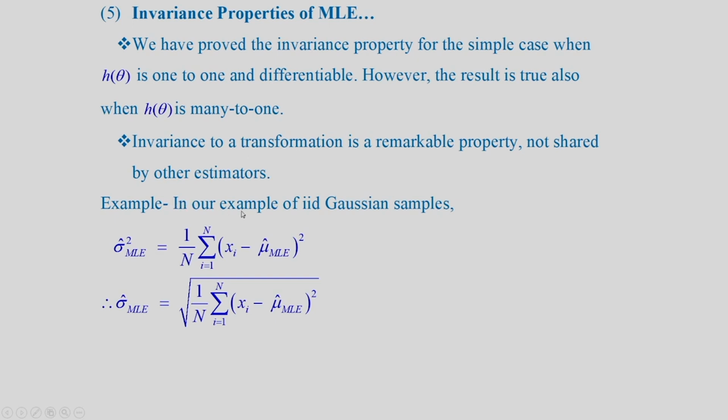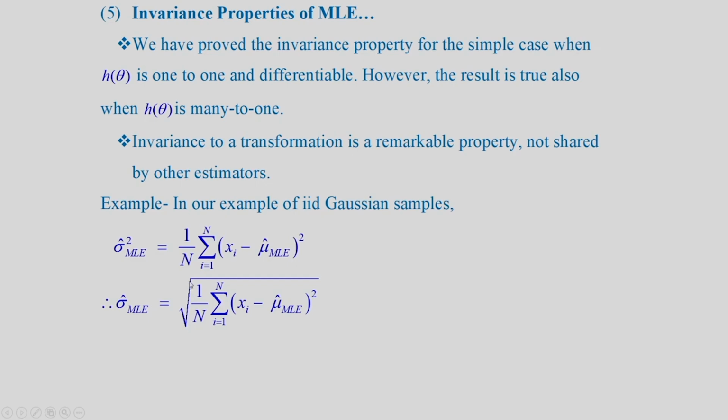Example: in our example of the IID Gaussian case, suppose sigma hat square MLE, that is the MLE for variance, is equal to 1 by n summation i going from 1 to n of (xi minus mu hat MLE) whole square. Therefore, what will be the sigma MLE? So, that is the MLE for standard deviation, that is sigma hat MLE will be given by the square root of this MLE expression.